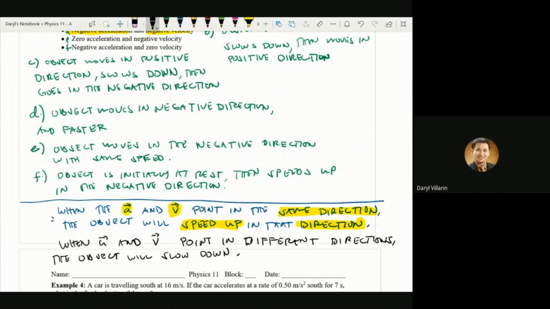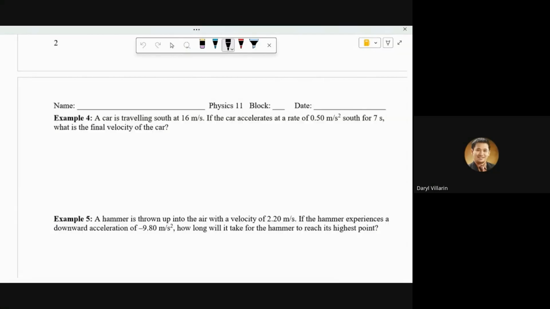Okay, so again, slow down means that the magnitude of its velocity decreases. And actually, if you're going to ask why that is the case, the explanation for this would be answered when we talk about dynamics.